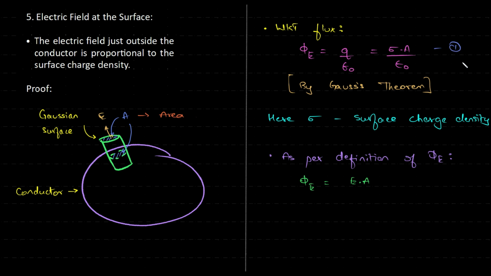So from 1, we have EA equals sigma A by epsilon naught. E and A will get cancelled. So E is proportional to the density. That is, if I increase this, E too increases. And that's your proof. Hence proved.